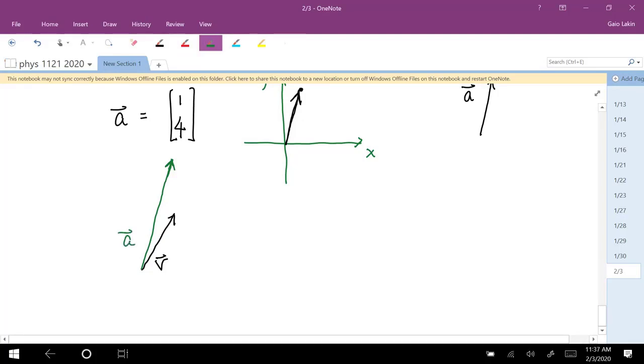Okay. And to figure out whether it's speeding up or slowing down and which way it's turning, we're going to break up that acceleration into 2 components. One that's parallel to the velocity vector, and one that's perpendicular to the velocity vector.